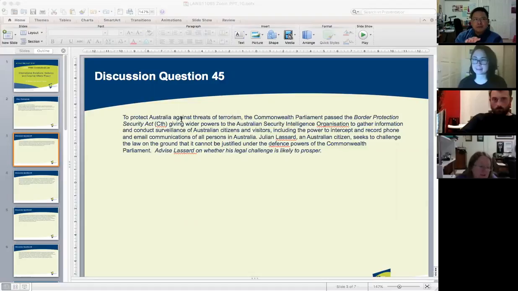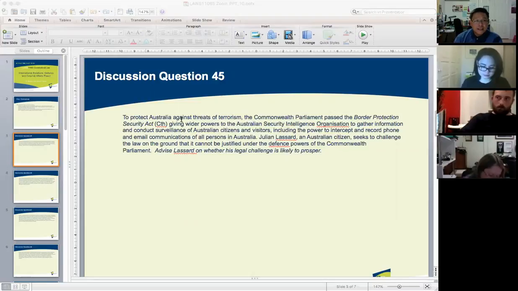So among all the heads of power, where there is no requirement of purposiveness, the only head of power where a purposive test is being imposed by the High Court is in relation to the defense power of the Commonwealth Parliament.